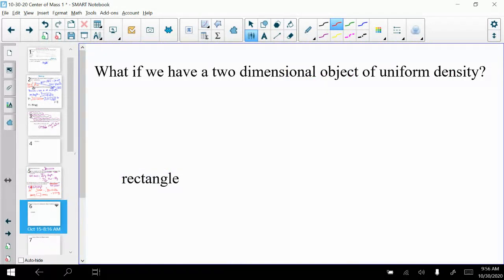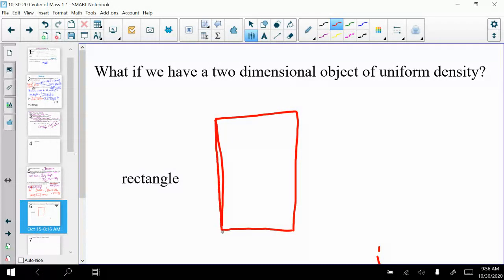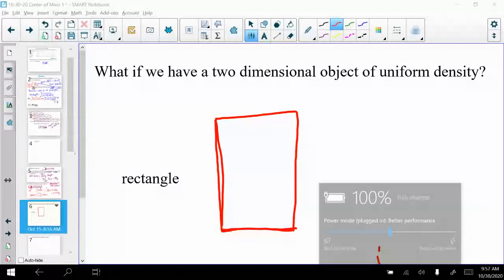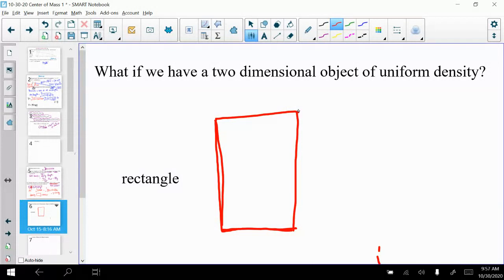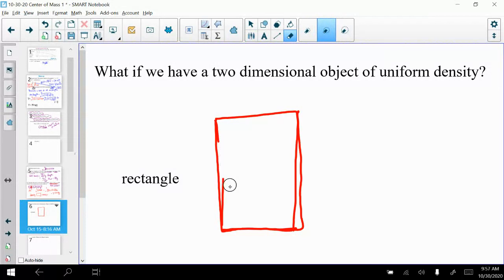So I have a two-dimensional object of uniform density. Say I have this rectangle, okay? Uniform density means that there are no parts of my rectangle that are heavier or thicker than other parts, so I don't have to worry about any sort of imbalances there, right? It's going to be uniformly balanced.